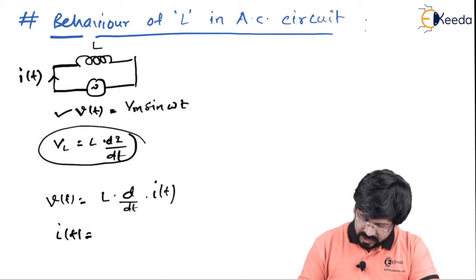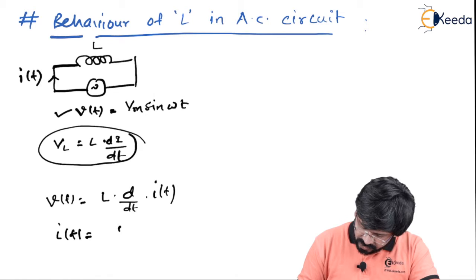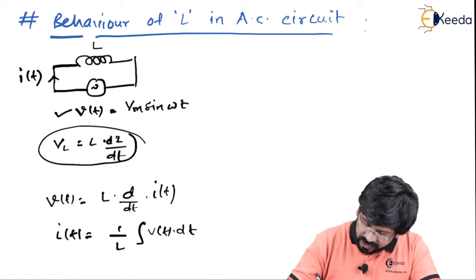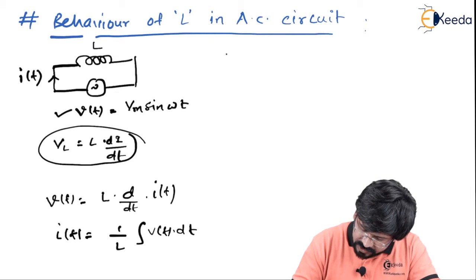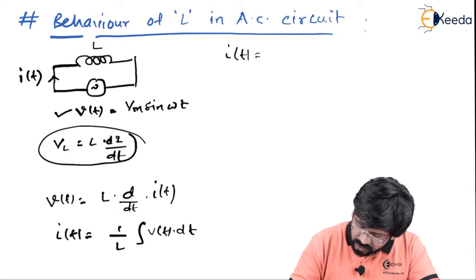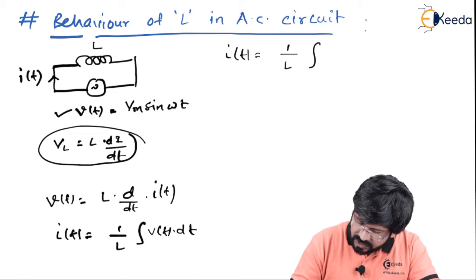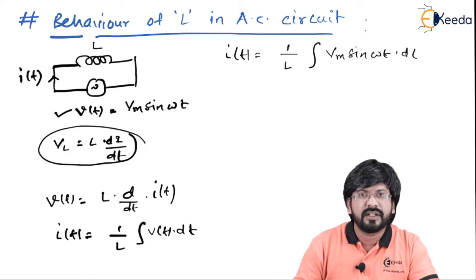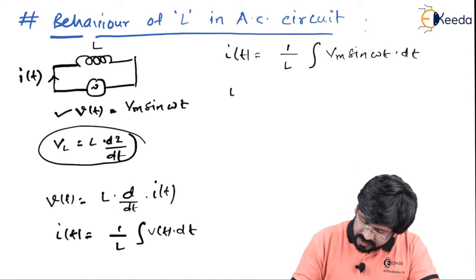I will integrate on both the sides, so I'll get 1 upon L integration of V of t dt. Or I can represent I of t as 1 upon L integration of Vm sine of omega t dt. Am I right? Let's have this integration.